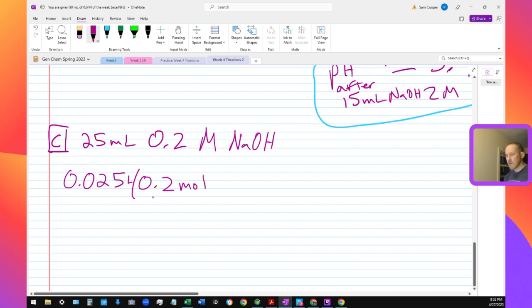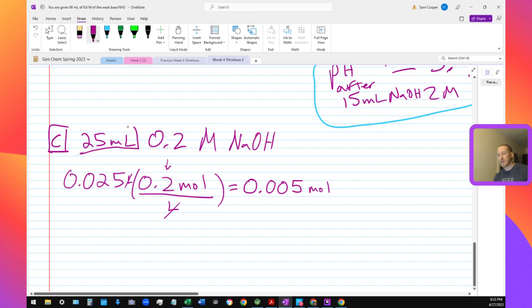Oh, that's liters right there. And again, the fact that we're talking about the tenths place means that we're going to just move everything back 1 decimal place in addition to multiplying by 2. And that means that when we add 25 milliliters of NaOH at this concentration, we're adding 0.005 moles.